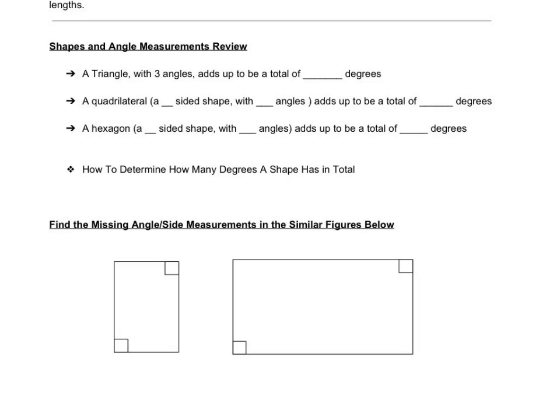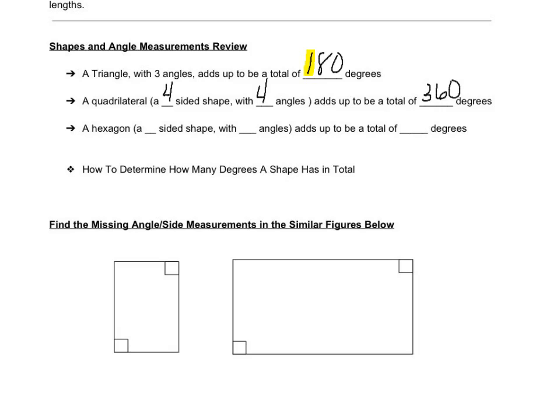A triangle with 3 sides adds up to be a total of 180 degrees. A quadrilateral is a 4-sided shape with 4 angles and adds up to be a total of 360 degrees.